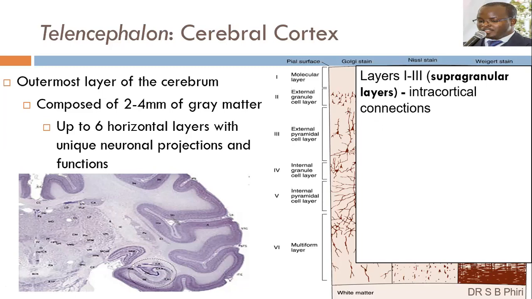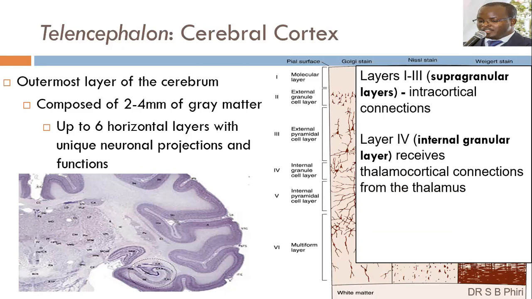So that's why sometimes when you're seeing something, you're able to respond by moving the head or moving your body away from that thing that is coming towards you. Why? It's because within these layers, there are connections. So they are called intracortical connections. So one cortex can be connected to another cortex via these 3 layers, layer 1, 2, and 3.